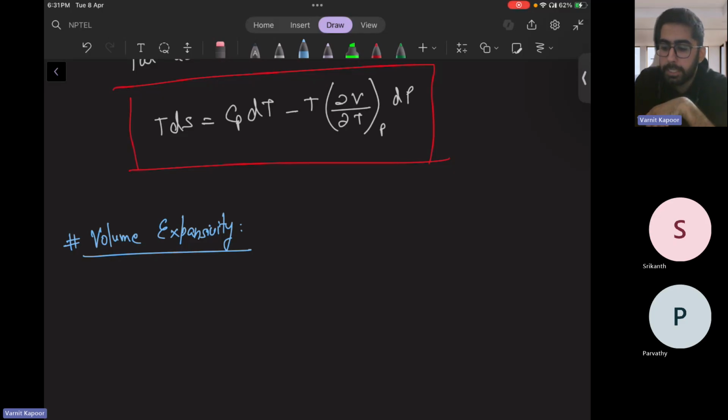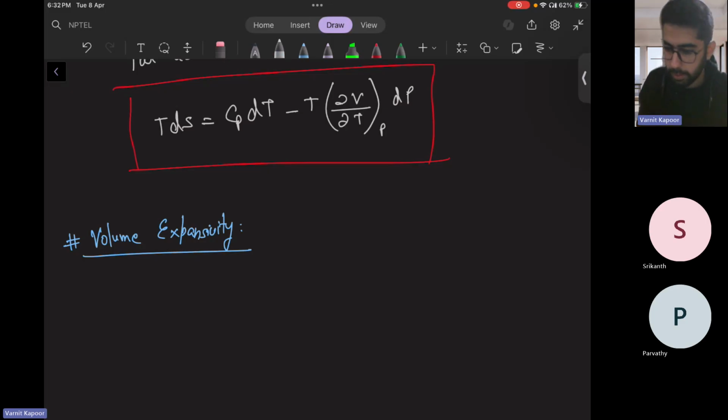It tells how much a substance expands or contracts with temperature changes. So volume changes because of the temperature, at constant pressure. For a gas, from the name volume expansivity, how does the volume change at constant pressure because of the temperature, and what is the volumetric change.